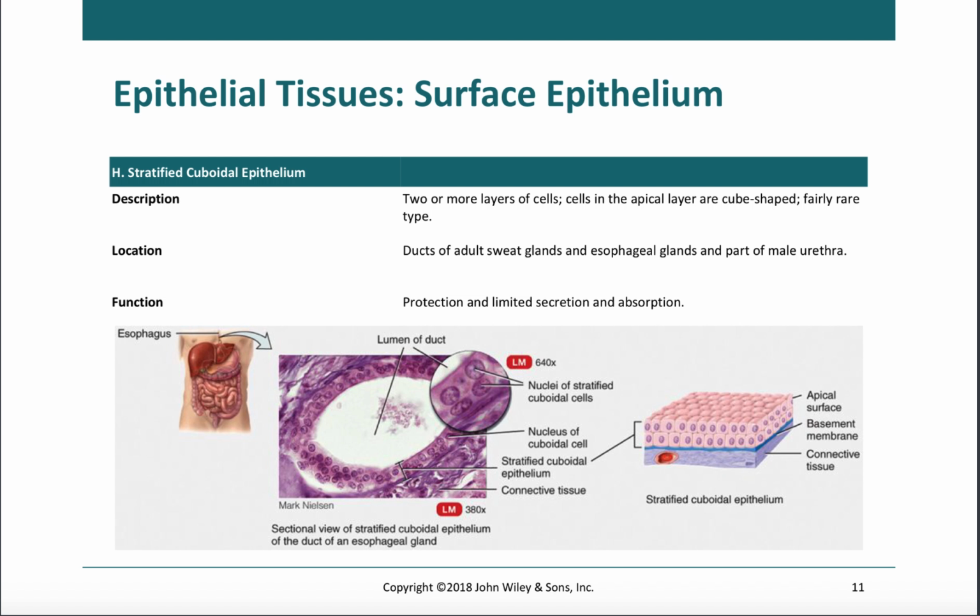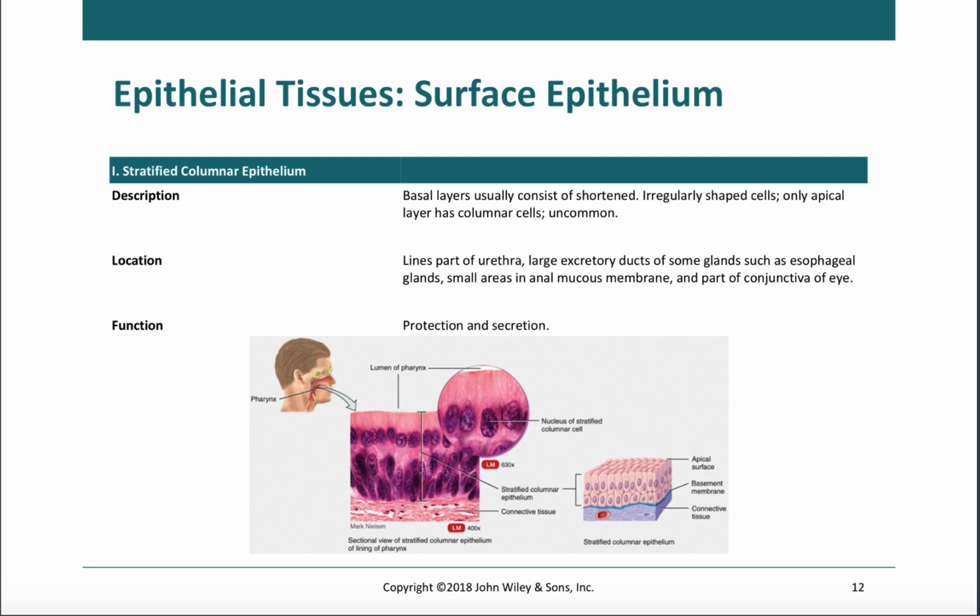Generally speaking, stratified cuboidal looks like the simple cuboidal, but with more messy layering in that circle. Okay? And stratified columnar, on the other hand, generally speaking, you'll see two layers, and even though it's a little messy, especially on the bottom layer, you can see this top layer is pretty even.